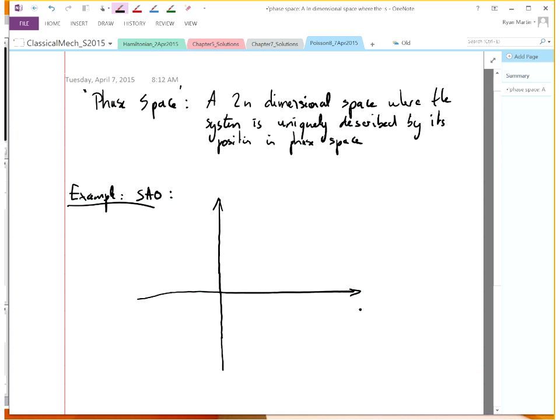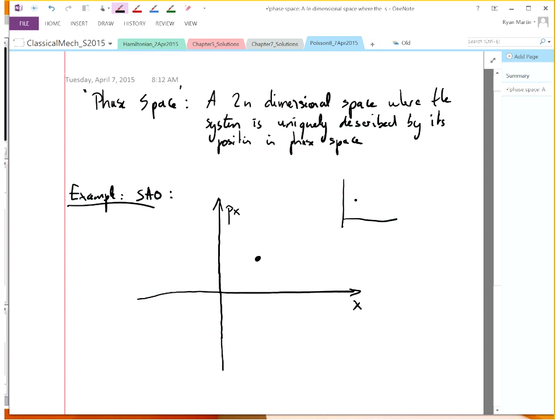For a simple harmonic oscillator, I can draw phase space by putting on the x-axis the x degree of freedom, and on the y-axis I can put the associated conjugate momentum. And so in phase space, a system is completely described by a certain position in the phase space.